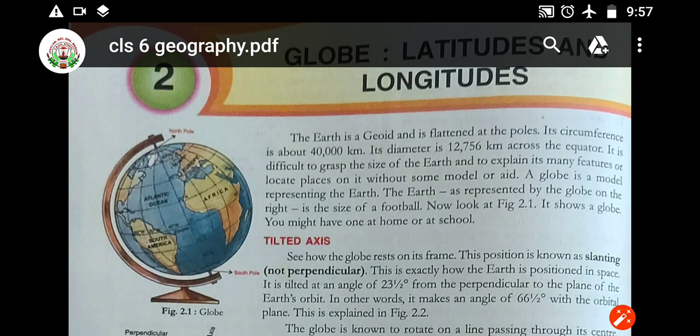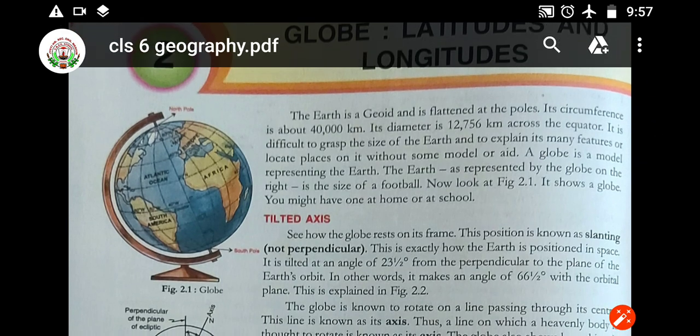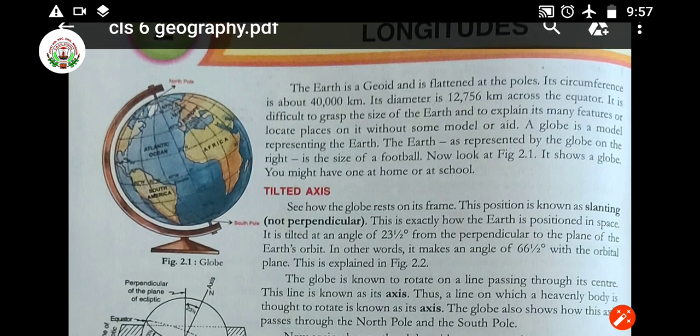To your left side you can see figure number 2.1. The globe figure is mentioned over there. It shows a globe. You might have seen one in your school also. Now, a globe represents all the actual features which we have on the earth. See the tilted axis.